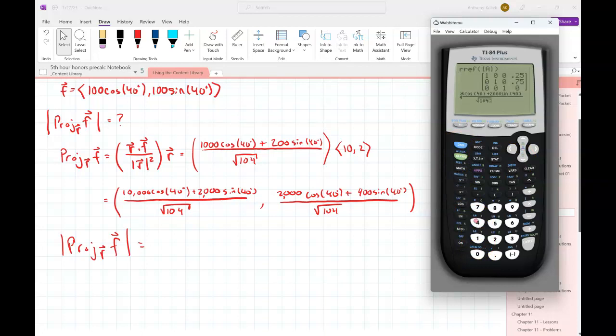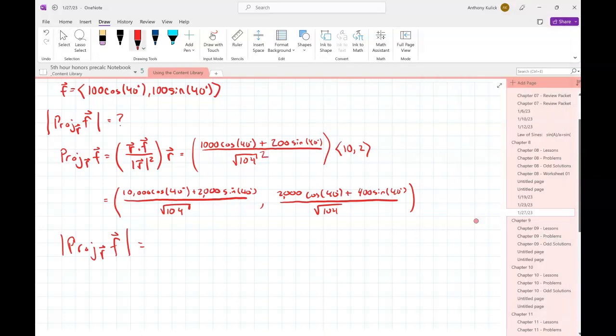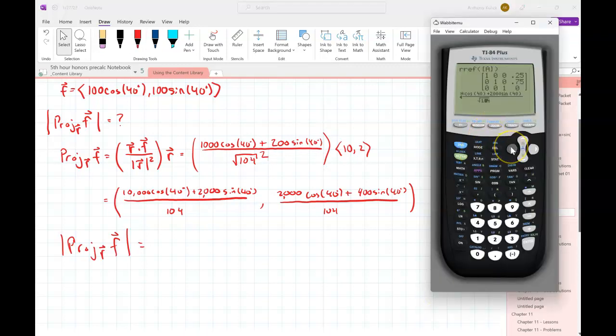Ooh. The magnitude of r is square root 104, but that's squared, so it should just be regular 104s. Caught it. Shame on you guys for not noticing. I'm just joking. I mean, but not really. All right, so I got that in there.